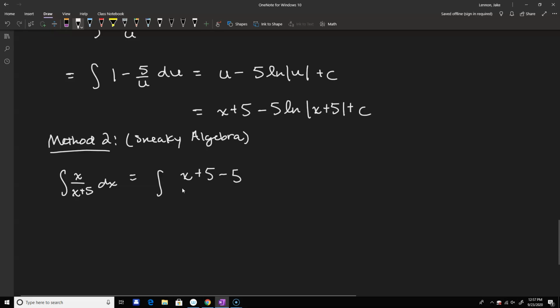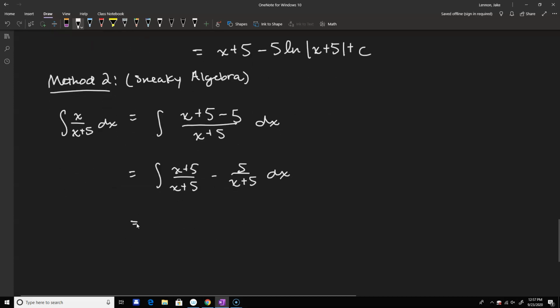So x plus 5 minus 5 over x plus 5 dx, and then we can split up the fraction now. So this is going to be the integral of x plus 5 over the denominator x plus 5 minus 5 over the denominator x plus 5 dx.